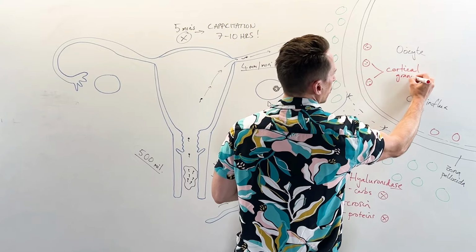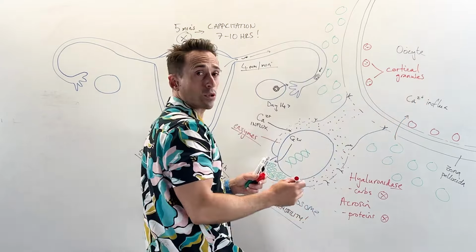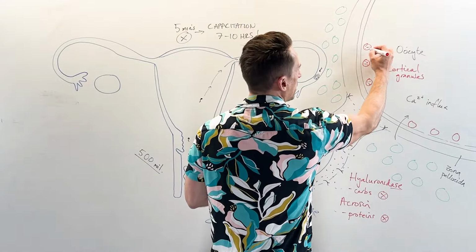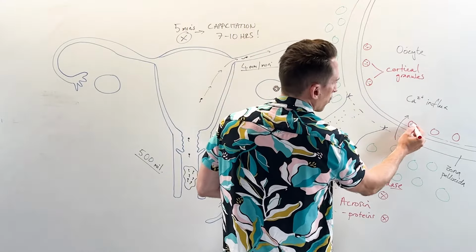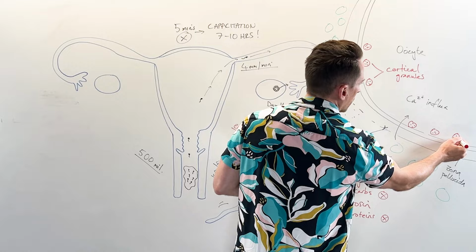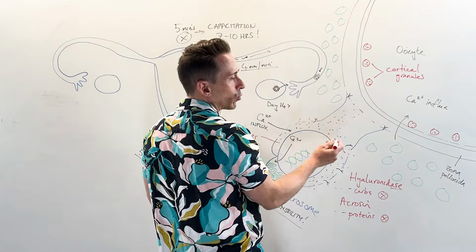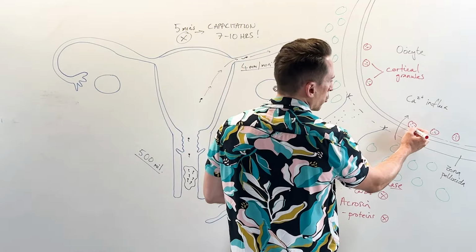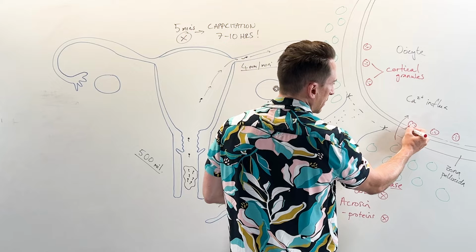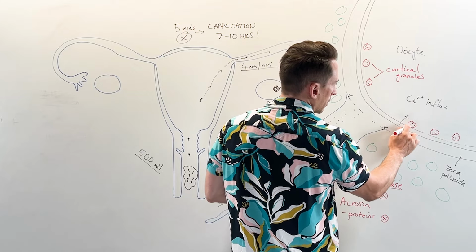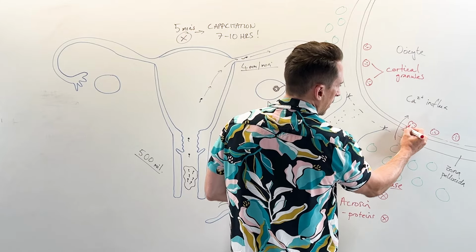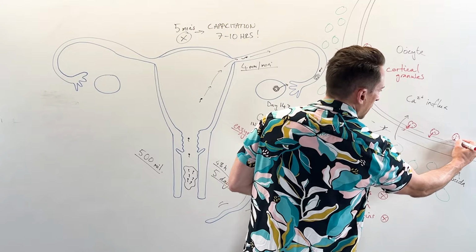Cortical granules. These cortical granules contain substances that, once the sperm has bound and started to degrade the wall of the zona pellucida, are released into this space here.